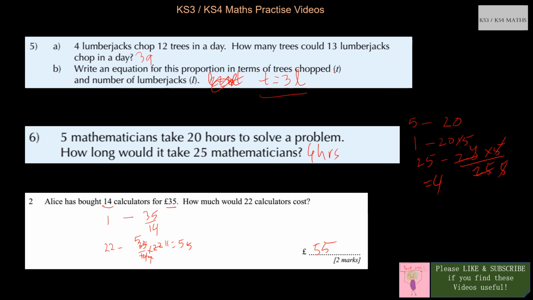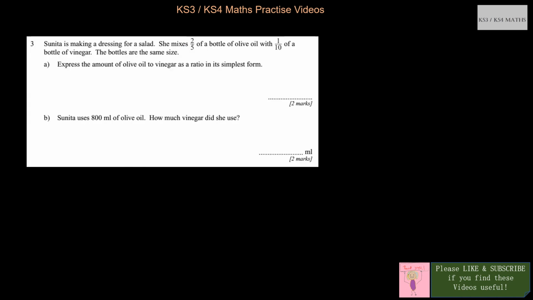The next one is: Sunita is making a dressing for a salad. She mixes 2/5 of a bottle of olive oil and 1/10 of a bottle of vinegar. The bottles are the same size. Express the amount of olive oil to vinegar as a ratio in its simplest form. So that would be 2 out of 5 in proportion to 1 out of 10.